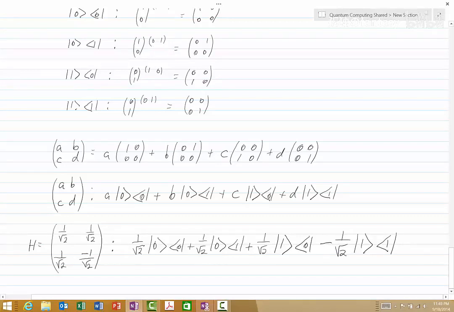So it becomes just that simple to find the operator corresponding to any 2 by 2 matrix. So I believe that parts B, C, and D of this exercise would be trivial for you.